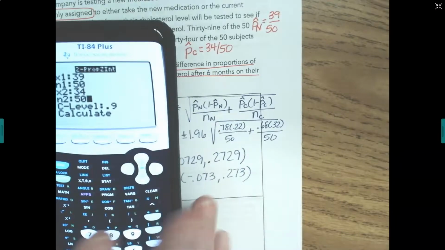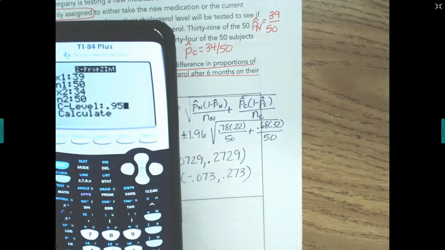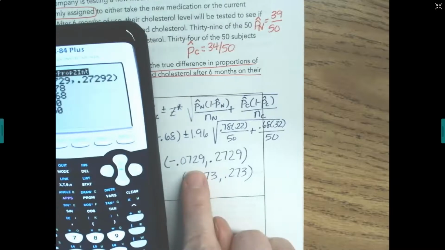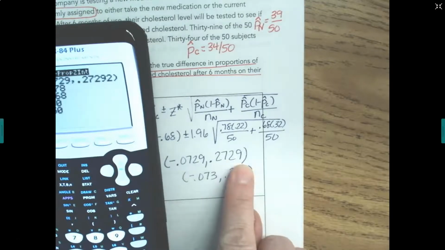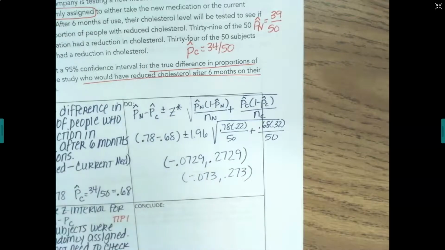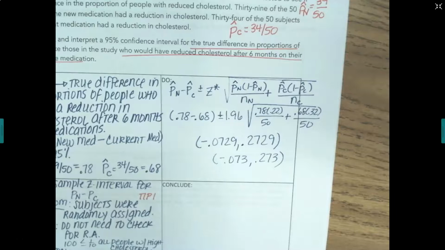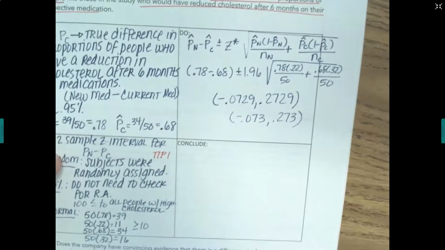Our confidence level was 95%. And then we're going to calculate it, and we should match. We have negative 0.0729 to 0.2729. So we are good there. We calculated everything correctly. So you're just using the calculator to verify. If you feel very confident, don't worry about using the calculator.